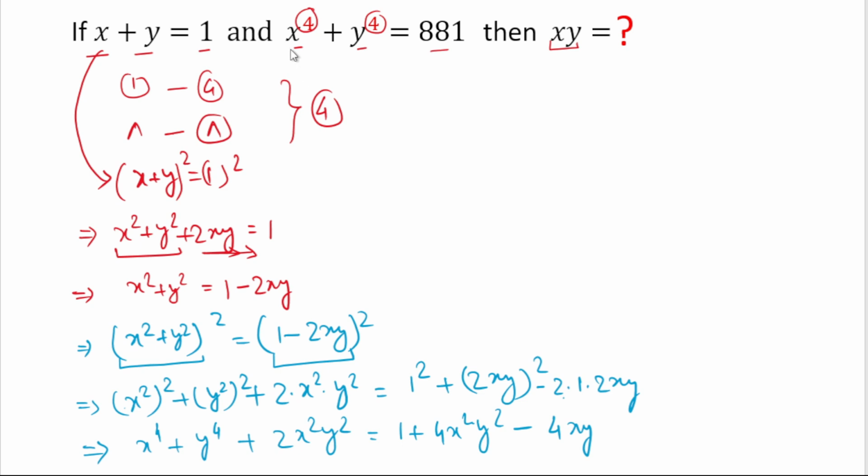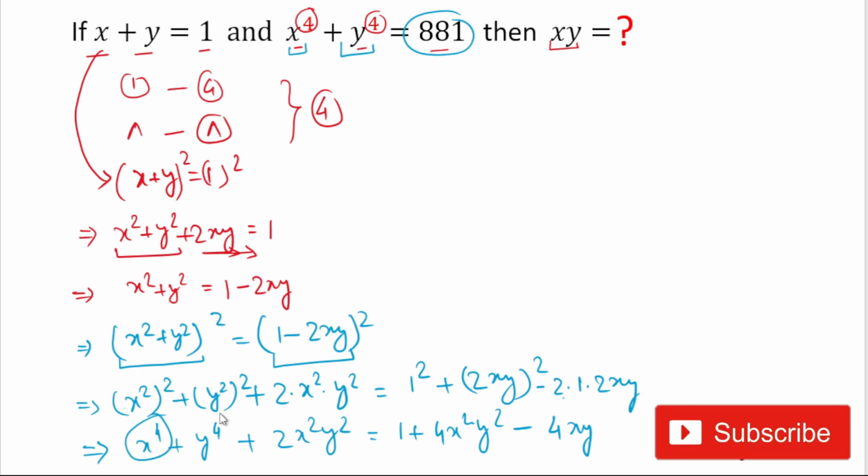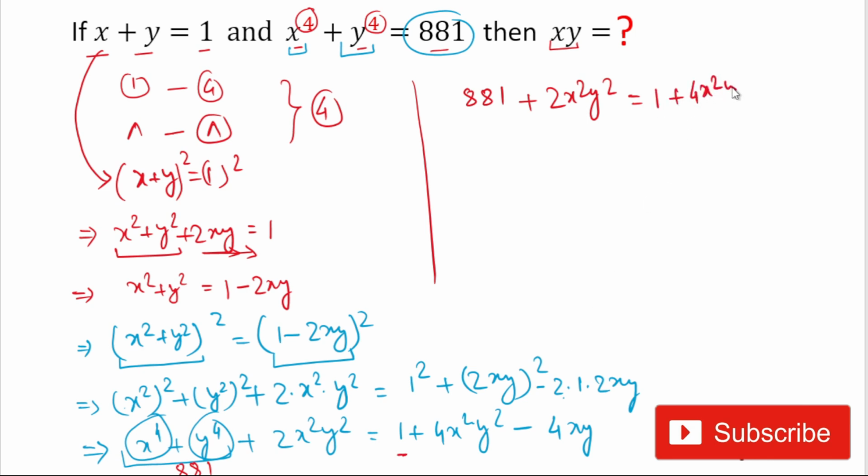Now if we look here, the value of x raised to the power 4 plus y raised to the power 4 is 881. So we'll write it here: the value of this term is 881. So 881 plus 2 times x square y square is equal to 1 plus 4 times x square y square minus 4xy.